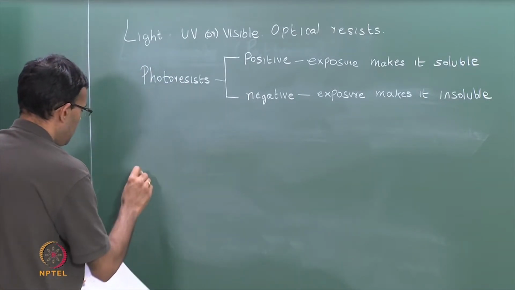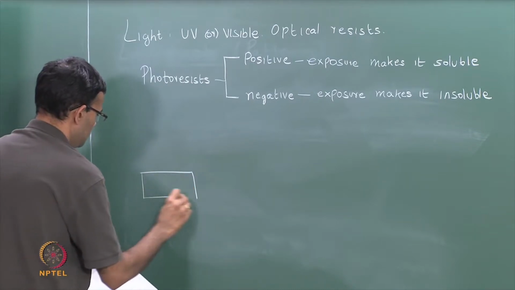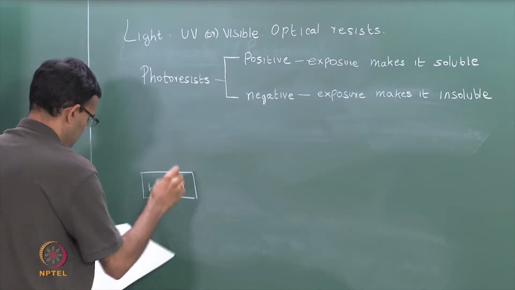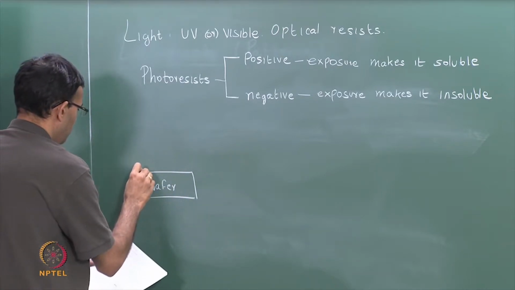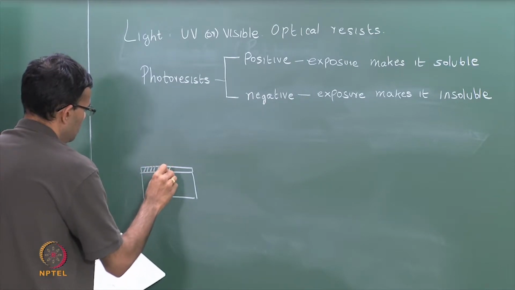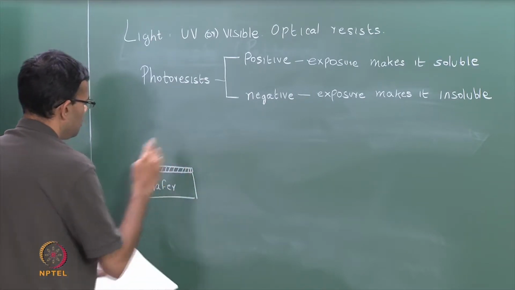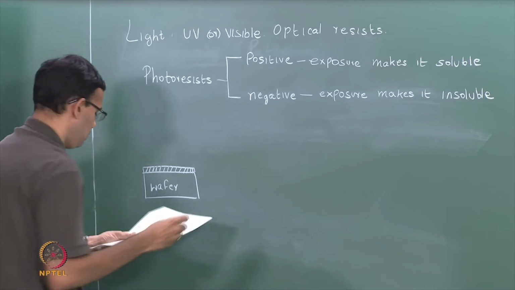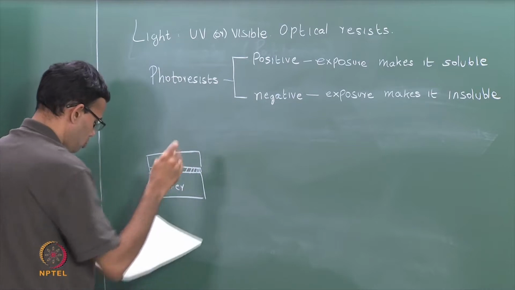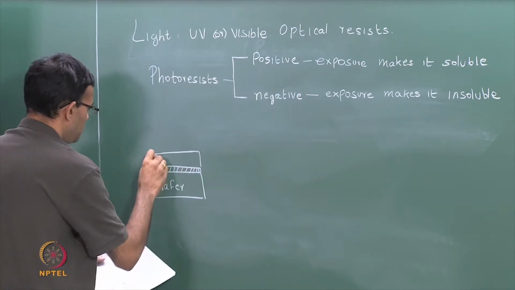So consider a wafer with say an oxide layer on top. So this could be a simple silicon wafer, an oxide layer. We now apply the photoresist, and for the first time I am going to choose a positive resist.